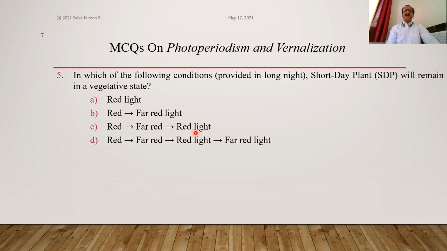If it is followed by red light, they will again remain vegetative. So the last exposure is important. In case of A and C, the last exposure is red light, so here they will remain in a vegetative state. Otherwise, in case of B and D, they will produce flowers. So the answer will be A and C, that is, C is the right answer.